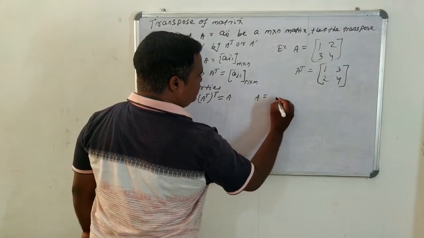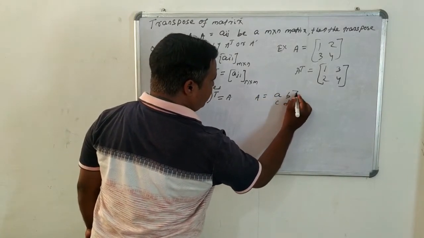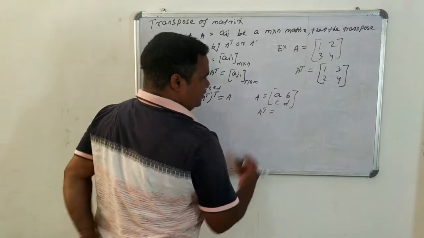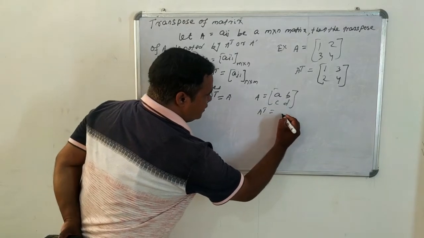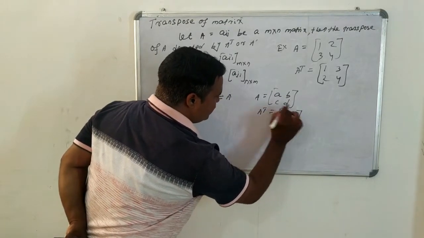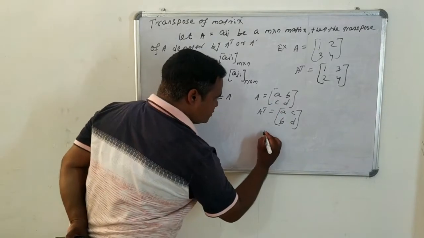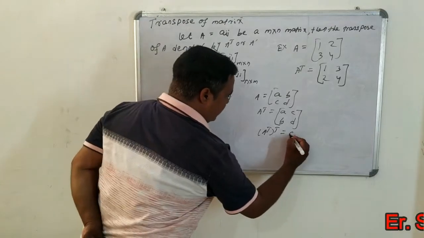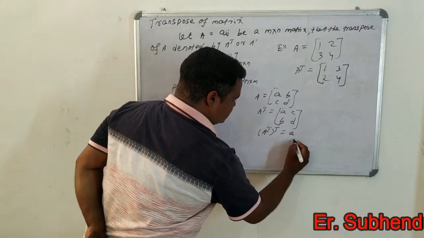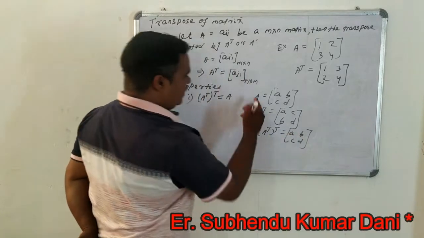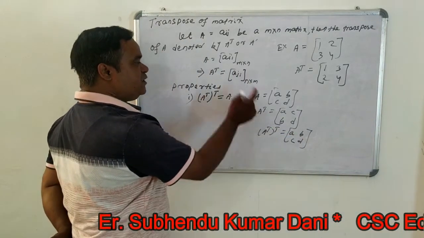A equals the matrix A, B, C, D. Then A transpose is A, C, B, D, rows converted into columns. Again taking the transpose of this gives A, B, C, D. So we verify that the transpose of the transpose of A is A.